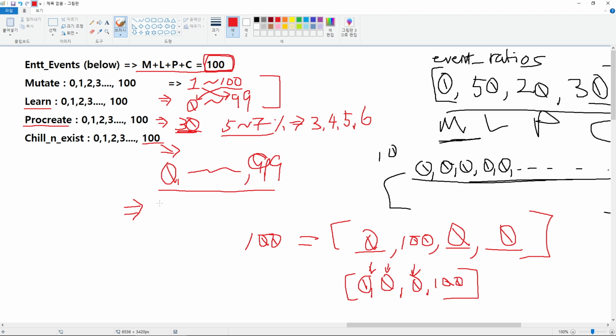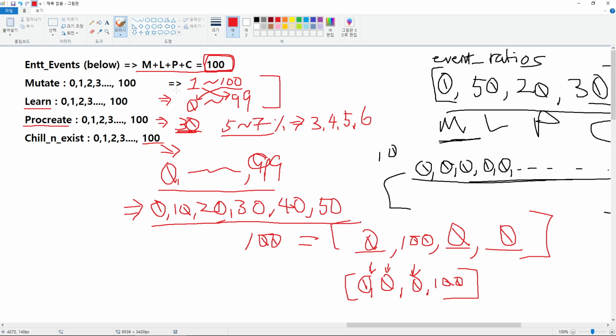So I slightly changed it a bit, and set the initial numbers to 0, 10, 20, 30, 40, and 50. So 6 numbers.